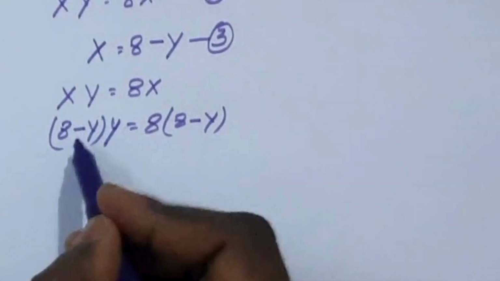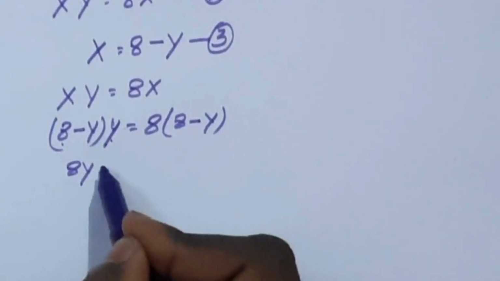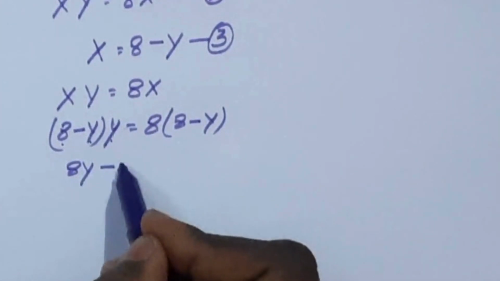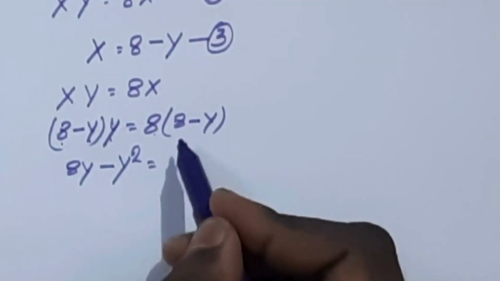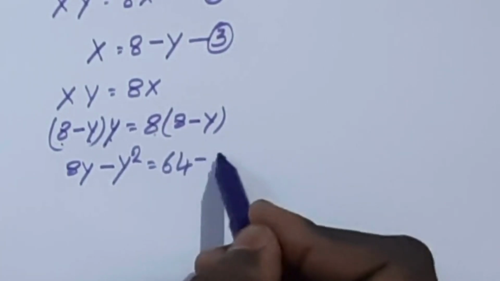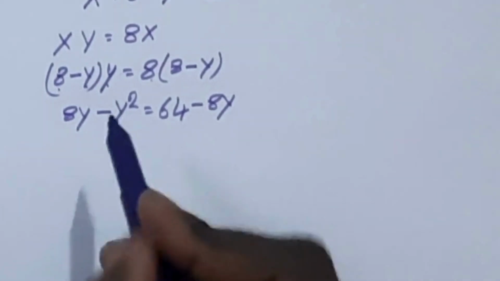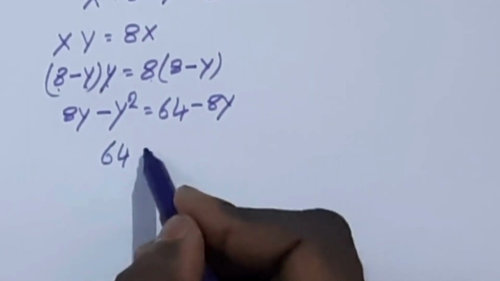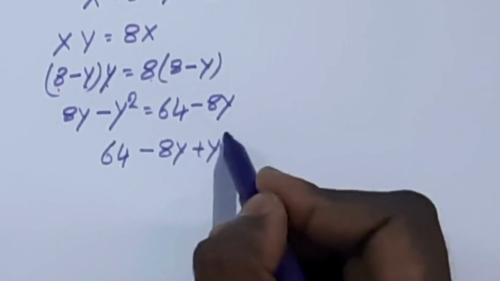Now multiply this. 8 times of y is 8y, minus into plus is minus y square, equal to 8 times of 8 is 64 minus 8y. Now we are moving this right hand side, so we'll get 64 minus 8y plus y square.